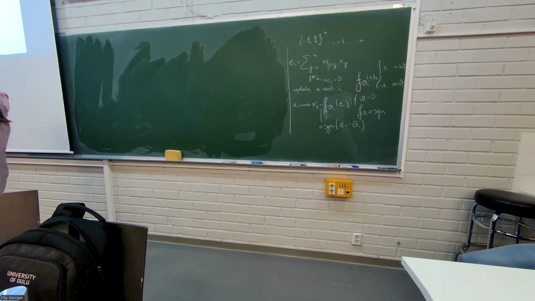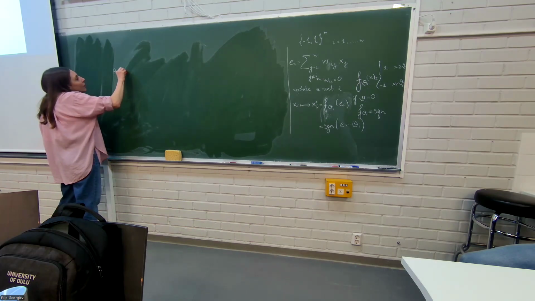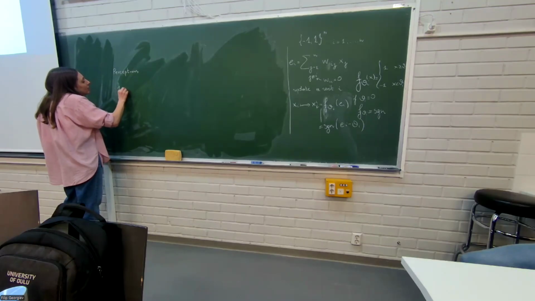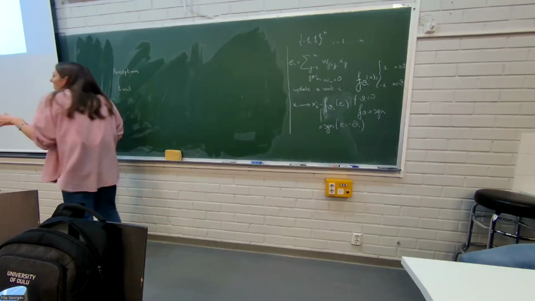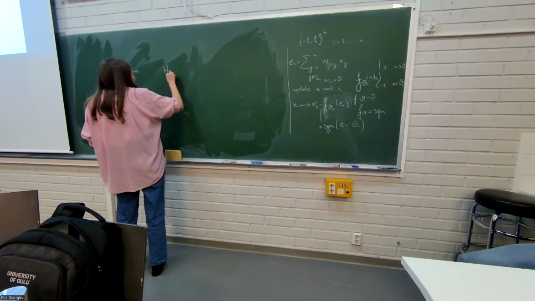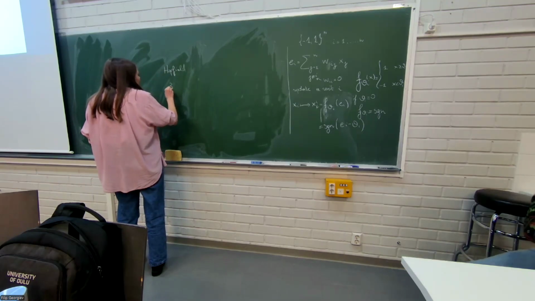So in perceptrons, we have 2 inputs and 1 output, and here we have a Hopfield network with 3 units.